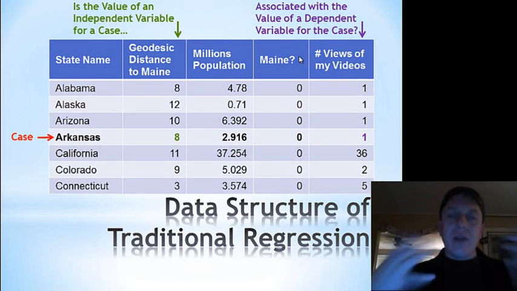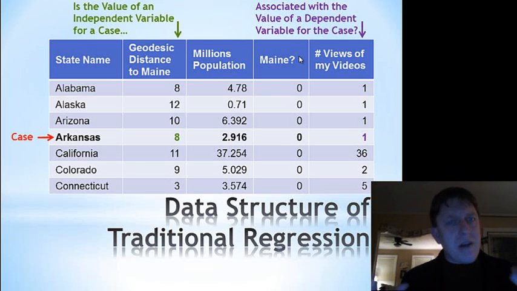And if you're interested in running a regression, remember, it is just trying to assess whether an independent variable, or in a multiple regression, more than one independent variable, is somehow associated with a dependent variable for a particular case across all of the cases.